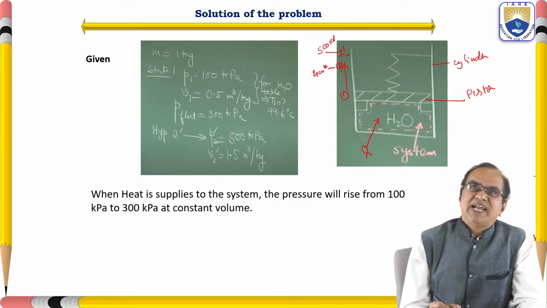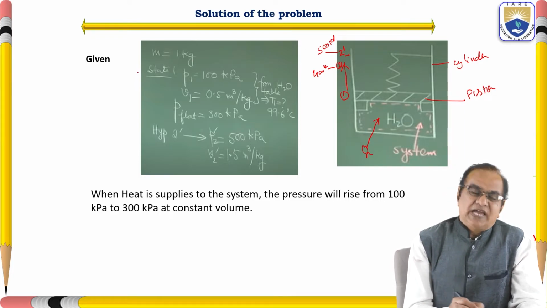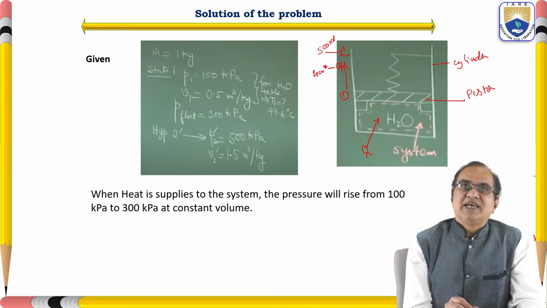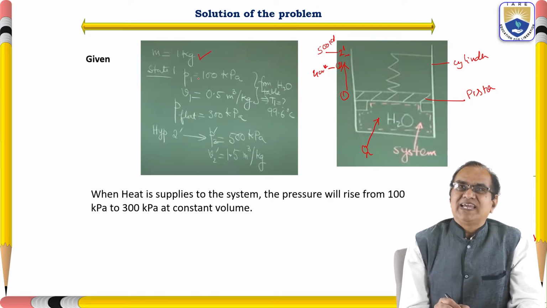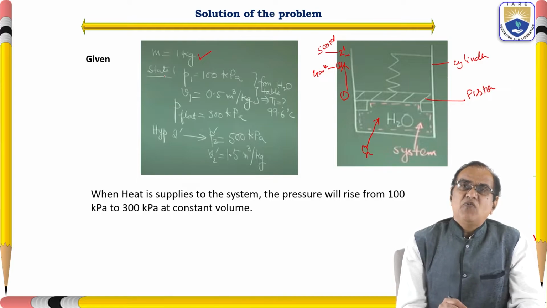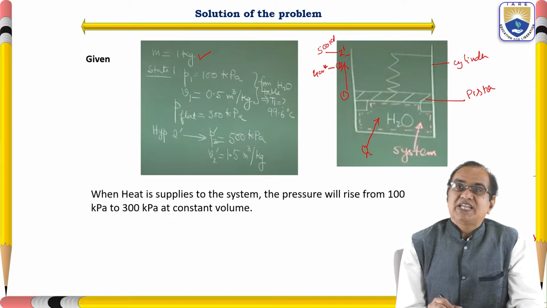So we have to see that mass, what are the given properties? First, mass. Mass is given 1 kg. Now if you see the state 1, P1 is equal to 100 kilopascal and V1 is equal to 0.1 meter cube per kg.